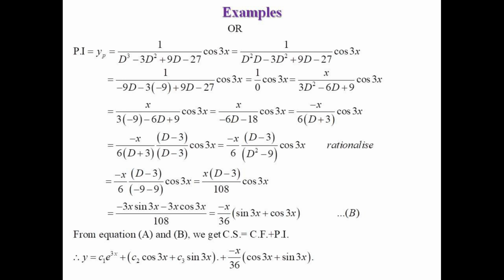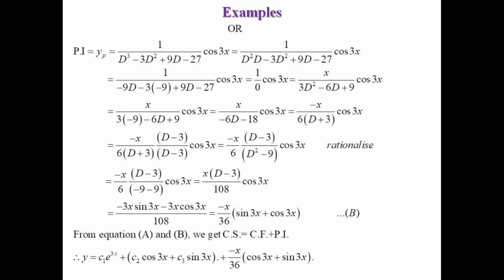So that means there are two ways of finding the value of the particular integral. The first is that whenever we get a cubic term in the denominator, we may use the factor for simplification, or the second method is that we can write d cube as d square into d, and we can solve the example.